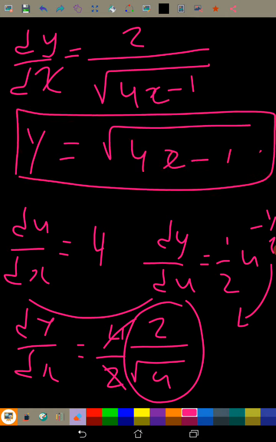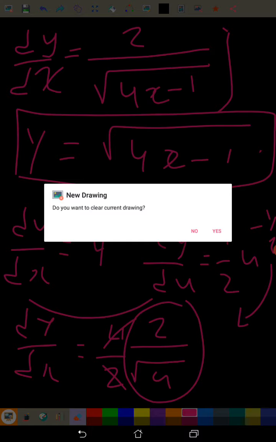So if we differentiate, we get this. So this is chain rule. This is chain rule, guys.